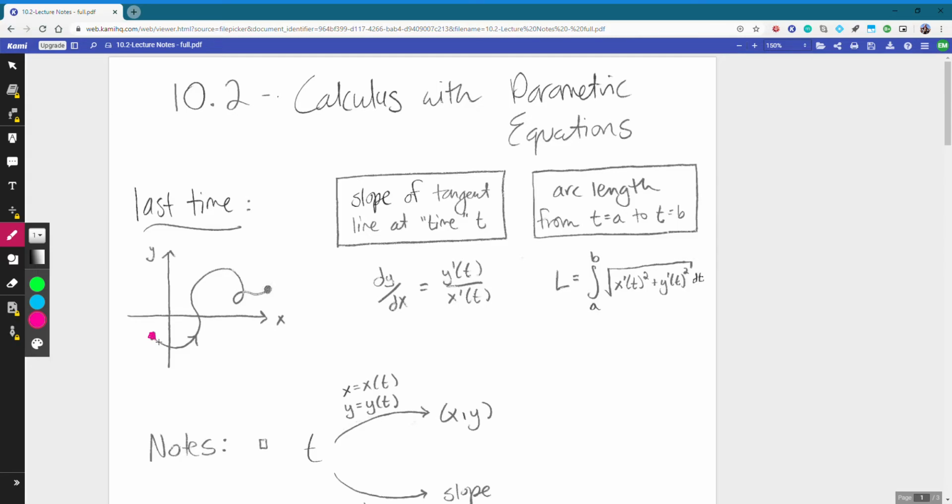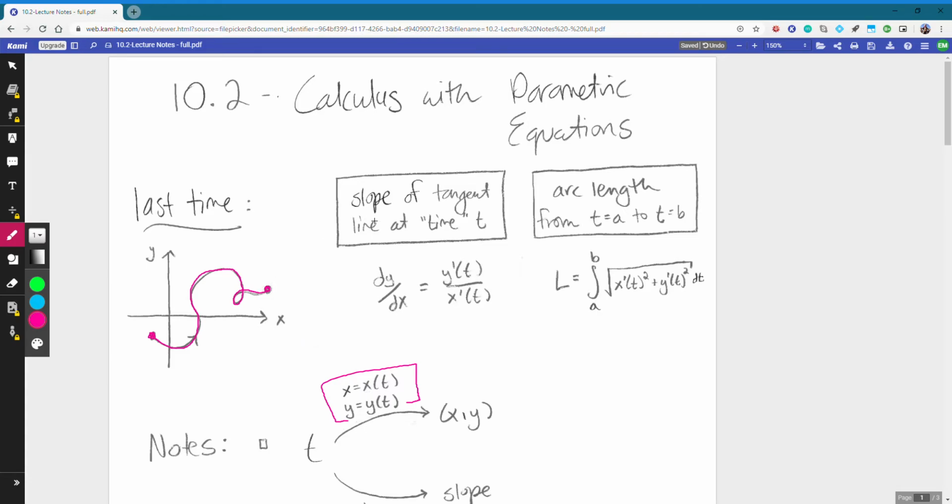We got a particle, and as time moves forward, that particle is moving around the plane, tracing out some path. And we can describe the path that our particle takes with two functions, right? One that shows us the x-coordinate at each point in time, and another function that shows us our y-coordinate at each point in time.